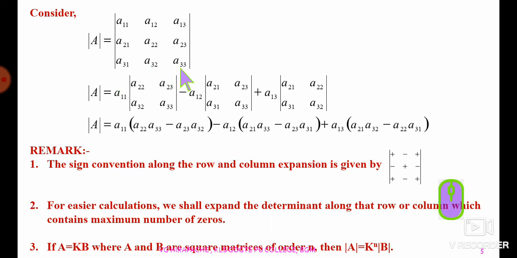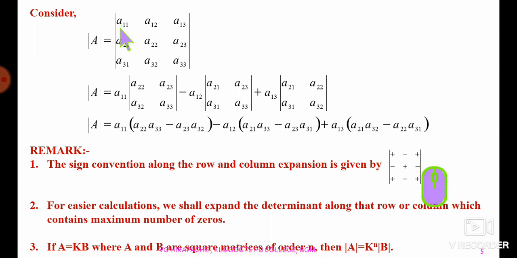Before I evaluate the third order determinant along the first row, as I told you, these determinants can be evaluated or simplified along the first row, second row or third row, or by the first column, second column or third column. Now determinant of A is as it is. Determinant of A is equal to, by evaluating by the first row, we take the first element of the first row, A11, deleting the respective row and column.